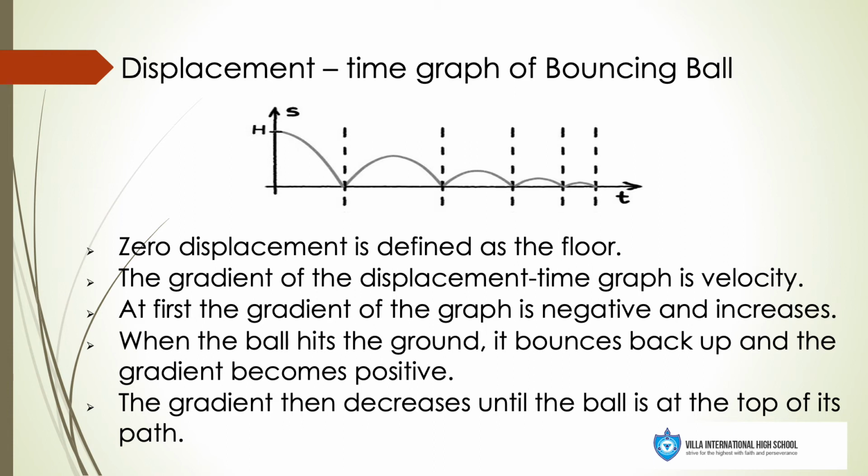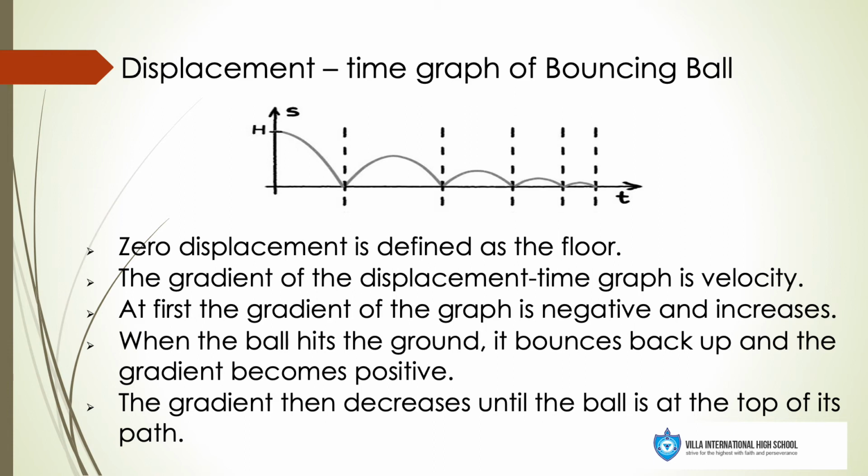So we drop the object and it moves down. When the object moves down, it is in the negative direction, so there should be a negative gradient. That's why it's moving down, and it is accelerating. You can see the gradient is increasing.